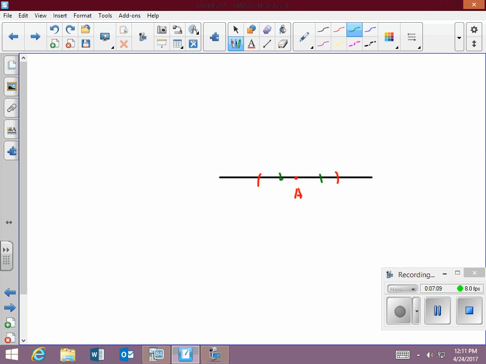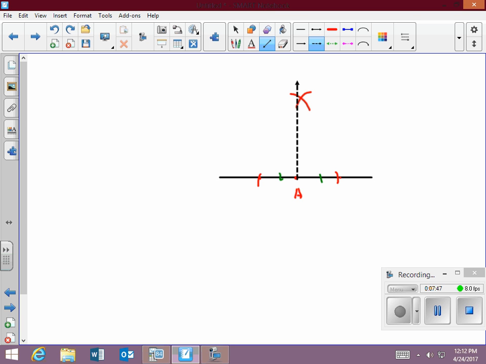Now, what you have to do is increase the size of your compass extension. Then you put one point here, strike an arc, put the point here, and strike an arc, and then you connect this point with that intersection. Everything isn't quite right, but you just have to give me that it goes through there.